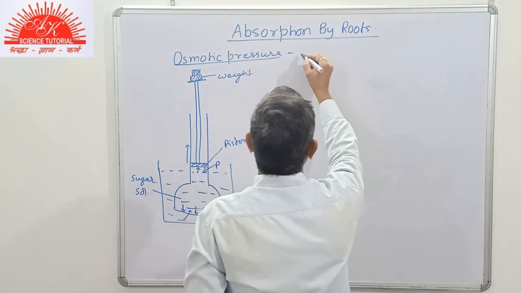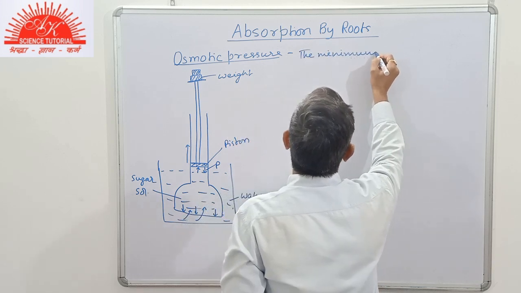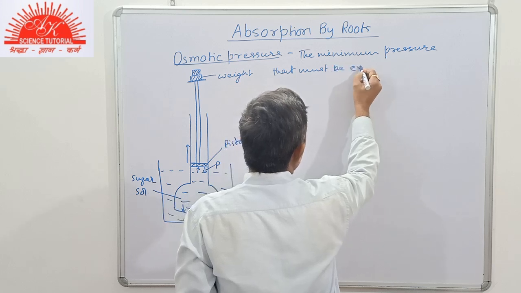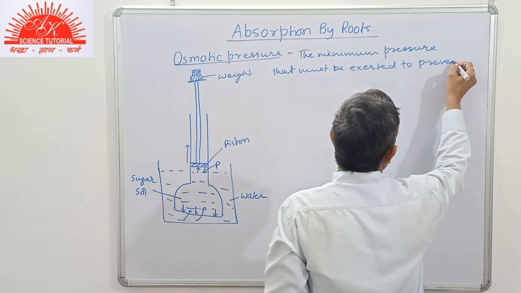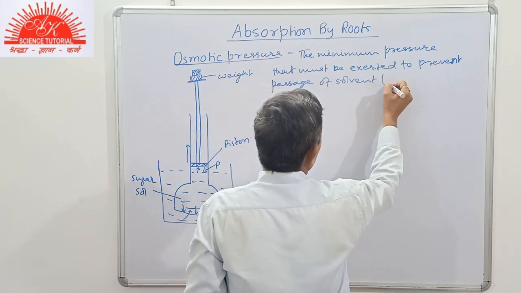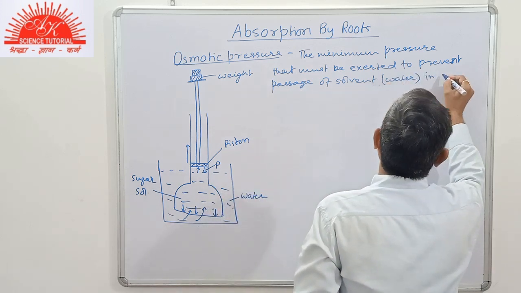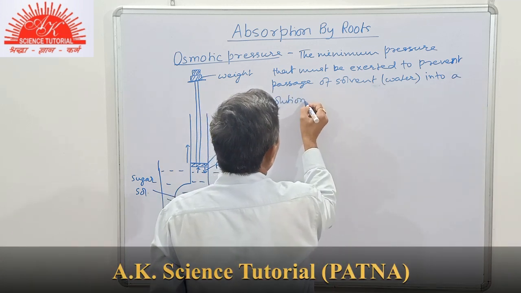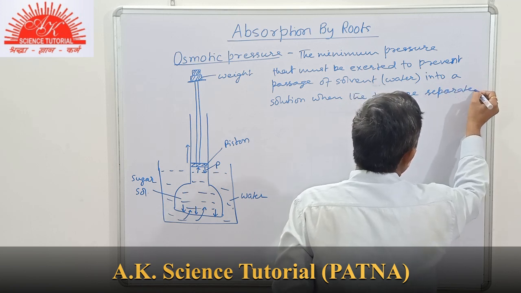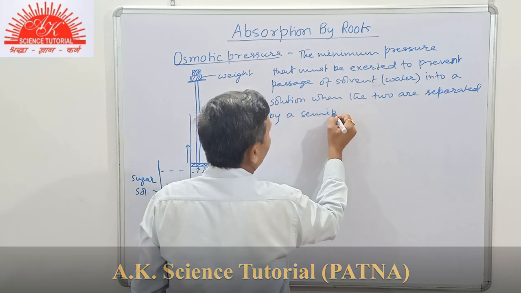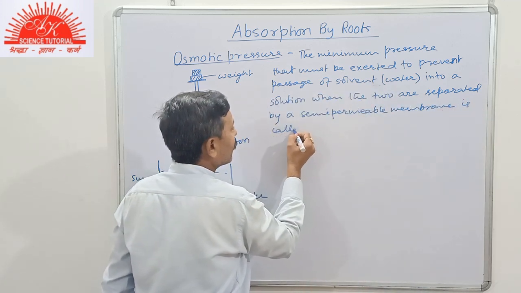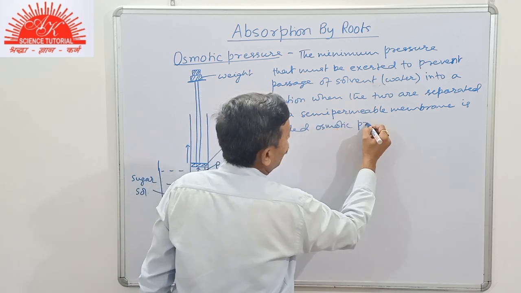So what is osmotic pressure? The minimum pressure that must be exerted to prevent passage of solvent, that is water, into a solution when the two are separated by a semi-permeable membrane is called osmotic pressure.